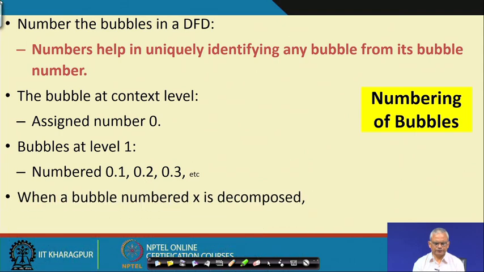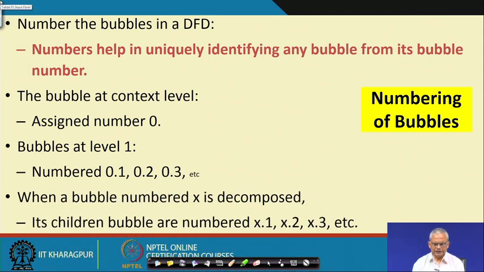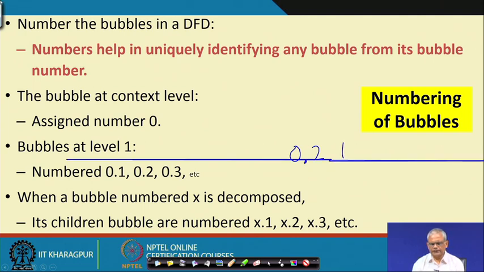And similarly, let us say we find a bubble whose number is 0.2.1, and then we know that in the level 1 diagram, the second bubble is the parent of this, and for that the parent is the 0.